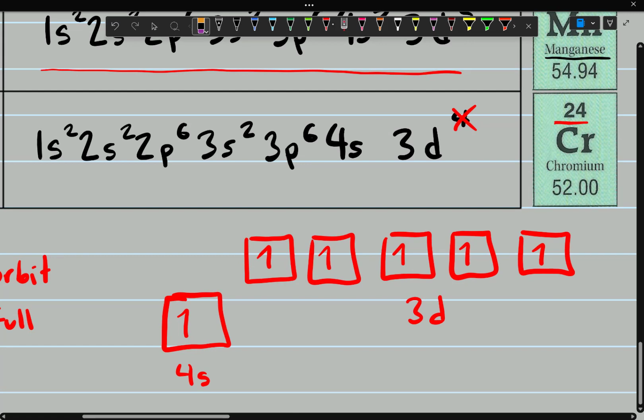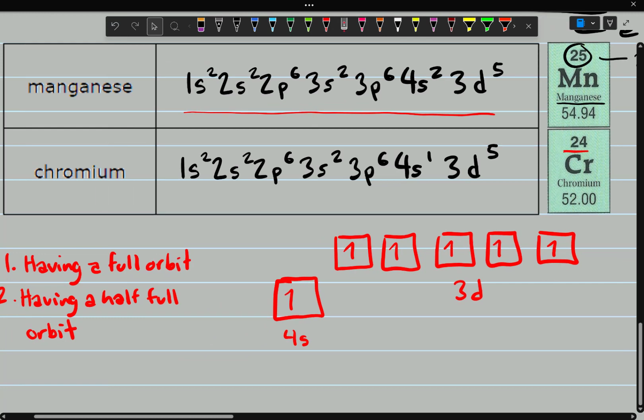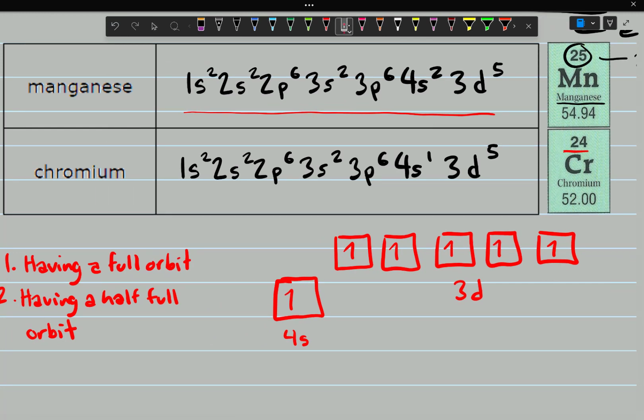And so what that looks like is that it becomes a 4s1 3d5 orbital. And so what you see now is that rather than having a full orbital and a non-full orbital, we have a half-full orbital and another half-full orbital. And so that is preferred over having one orbital that's full and one incomplete orbital.